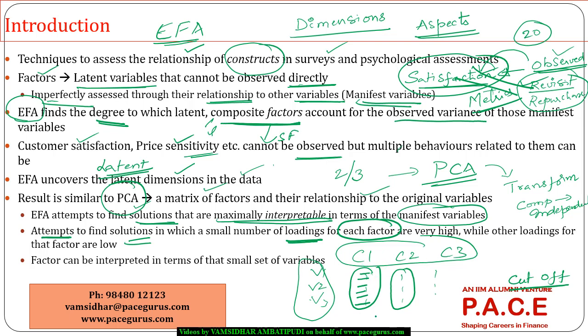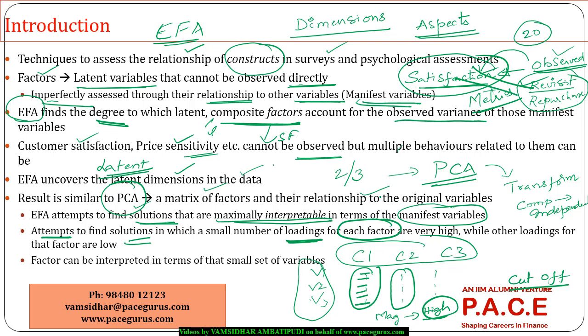So I will look at the magnitude, which loadings, which variables are highly loaded on each of the factors, and probably I may not even bother about those variables that are loaded very small on any of those factors.